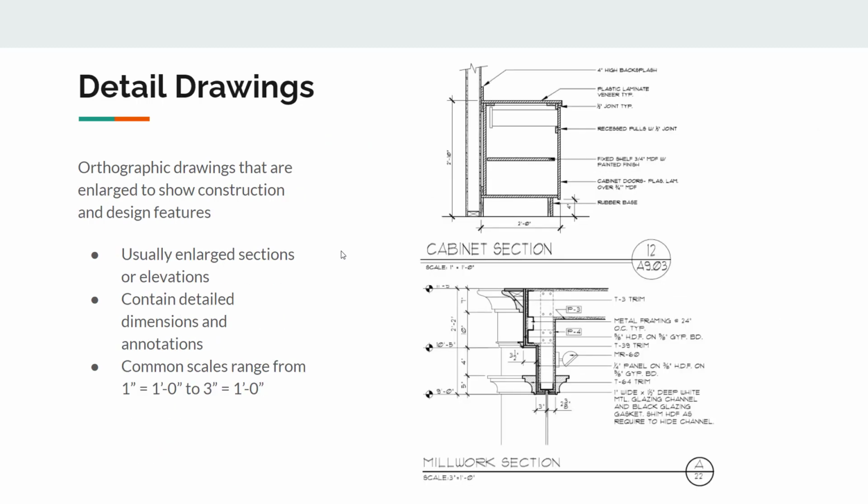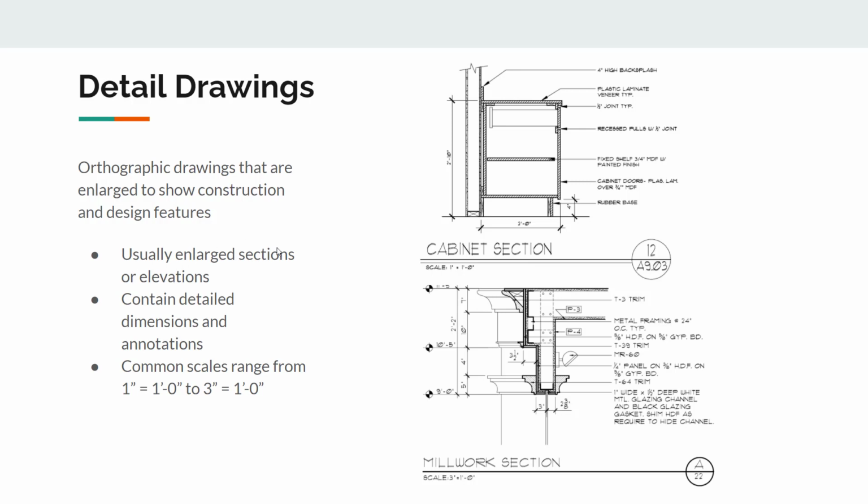All right, so last up, we have what's known as detail drawings. And detail drawings are basically just a specialty drawing that is used to show construction and design features. A lot of the times you'll see detail drawings that are of things like millwork, cabinetry, stuff like that, where it has a lot of small features that are hard to represent in a different type of drawing.